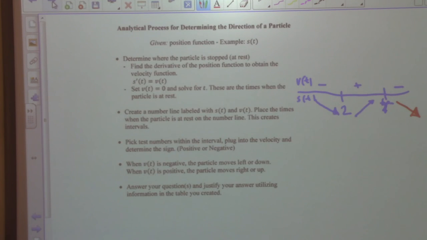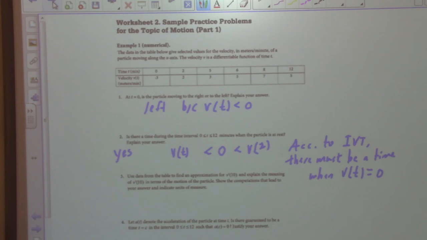Actually, it's going to be V prime of 10. Okay, approximation for V prime of 10. So what will we do for that? V prime of 10 is an estimate of what?